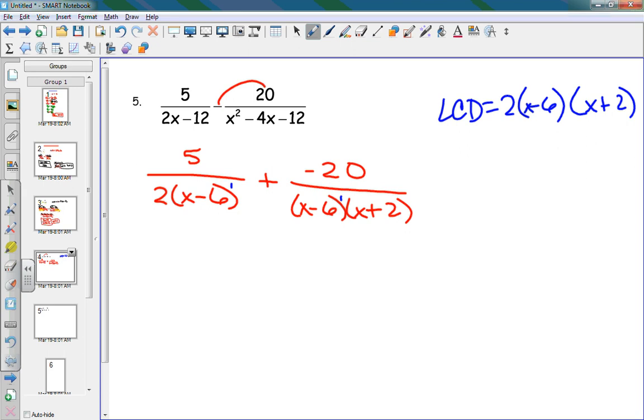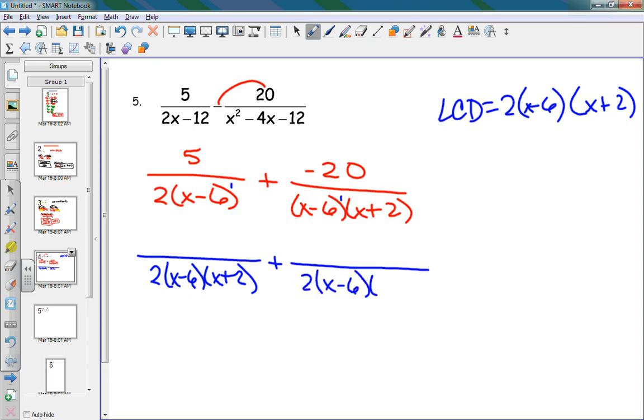We understand that. So I need each one of those denominators to turn into that. So I need to have 2 times x minus 6 times x plus 2, plus 2 times x minus 6 times x plus 2. Now think about this. The 2 and the x minus 6 are here, so what did I tack on? X plus 2.